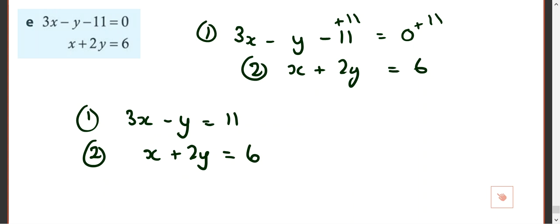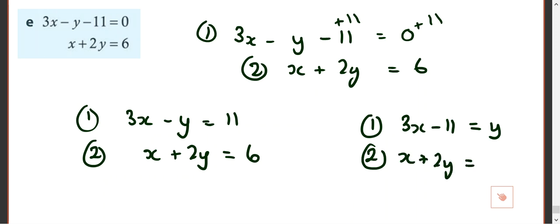If I just added y, number 1 would have been 3x minus 11 equals y, and number 2 would be x plus 2y equals 6. I would just do a substitution method for that one. They're both easy to substitute. Alright, now either of those, not a problem, right? I would just multiply this one by 3 and carry on, or I would substitute.